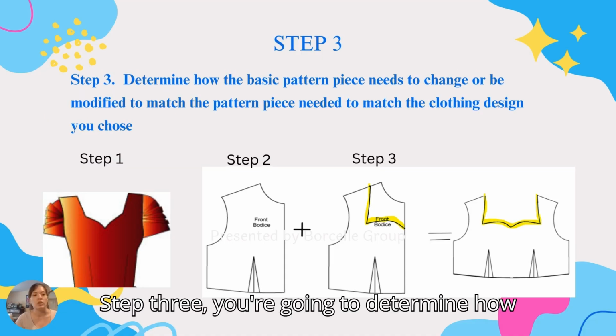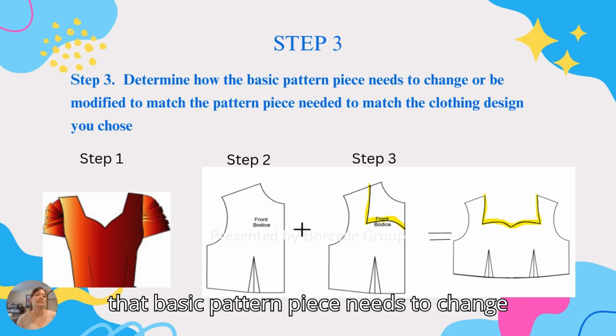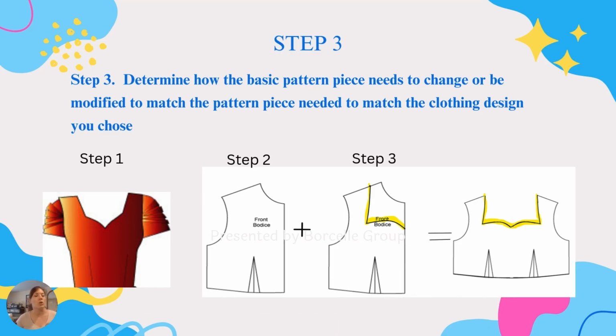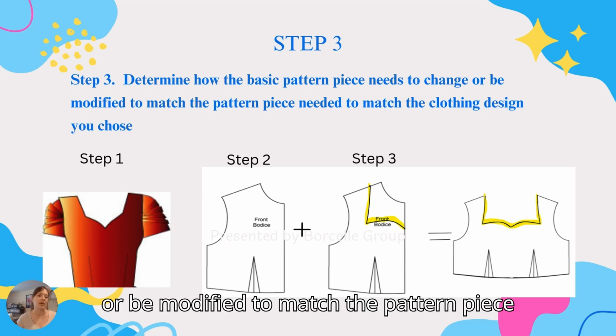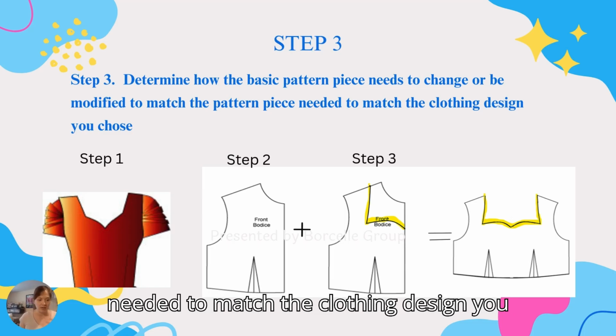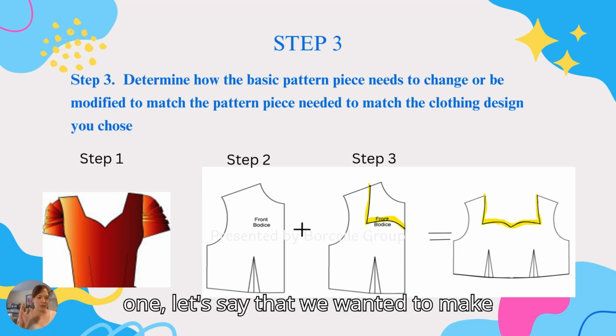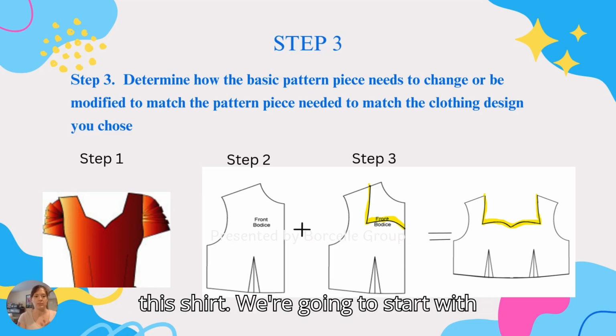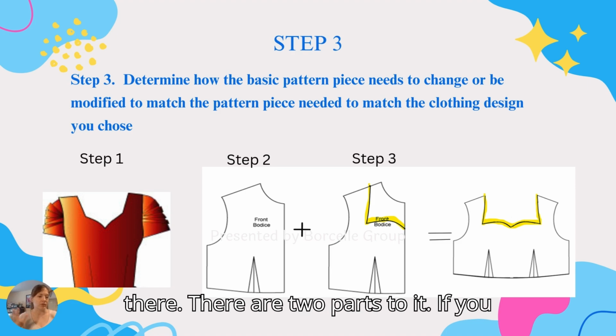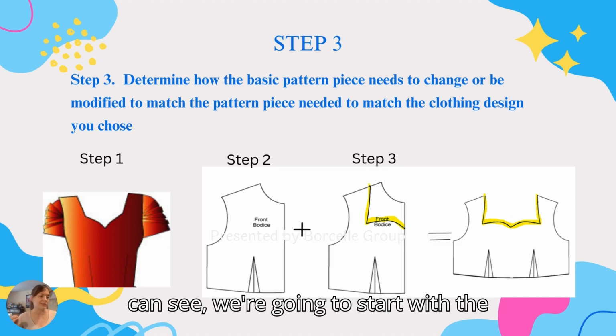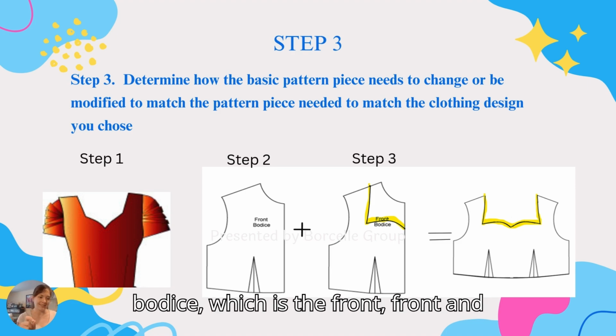Step 3, you're going to determine how that basic pattern piece needs to change or be modified to match the pattern piece needed to match the clothing design you originally chose. So, step 1, let's say that we wanted to make this shirt. There are 2 parts to it, if you can see. We're going to start with the bodice, which is the front and back.